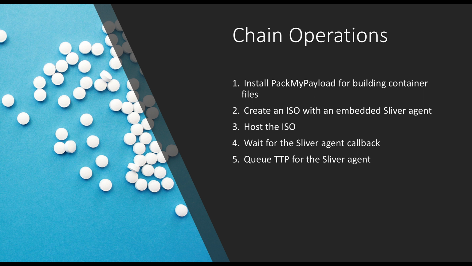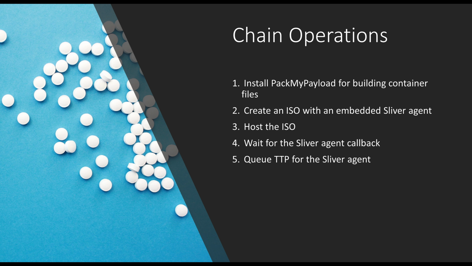So the chain operations are pretty straightforward. First, we install pack-my-payload for building the container files. Then we create an ISO image with an embedded Sliver agent in it. Now you can actually use pack-my-payload to create other image format files like .img or .7zip if you want.